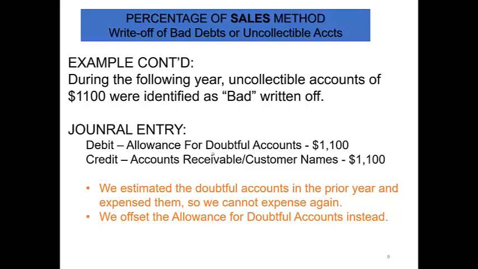One way to remember this entry is that when you're writing off an account, you're physically removing that customer from the books. So that will always entail a credit to accounts receivable. So when you see the words written off or write off, that's going to involve a credit to accounts receivable.